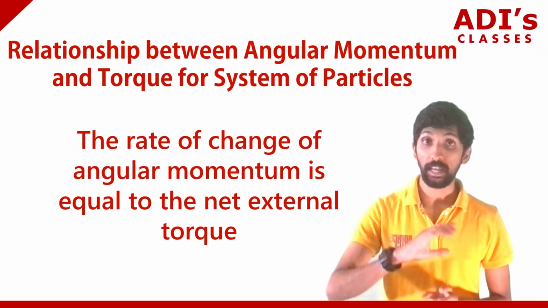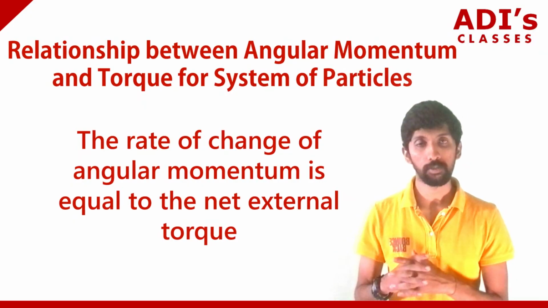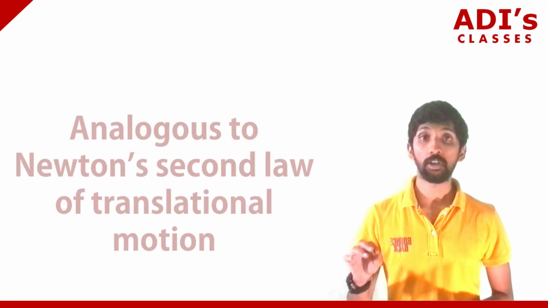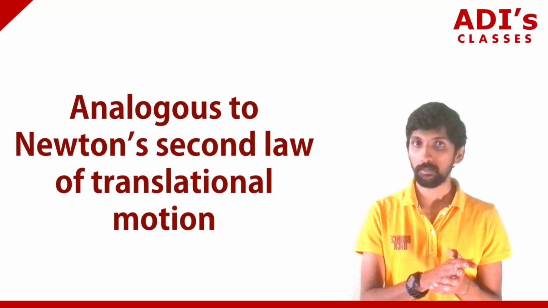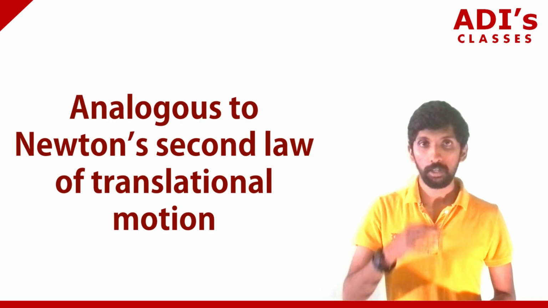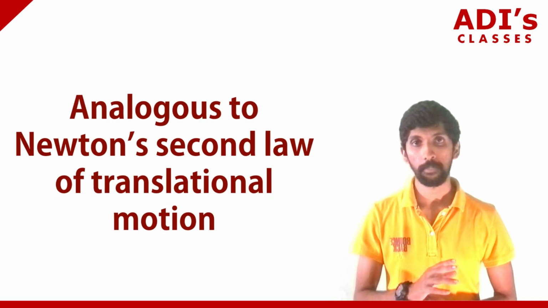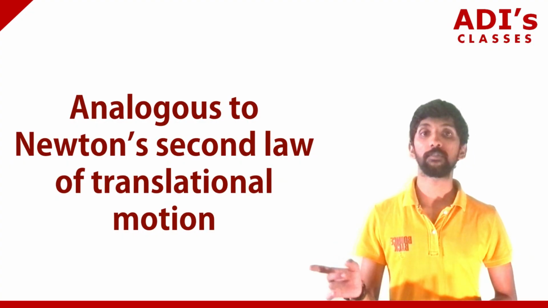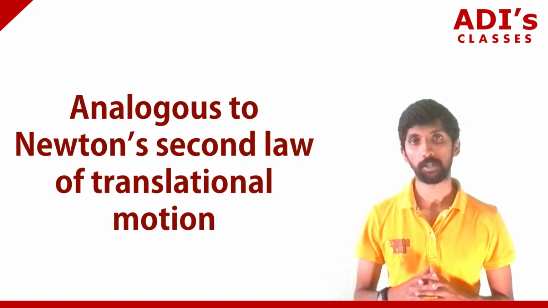This particular equation, what we just saw, is analogous to Newton's second law of translational motion. This is what I was talking about in the previous video, because the rate of change of linear momentum is force. So here the rate of change of angular momentum is the moment of a force, which is nothing but torque.